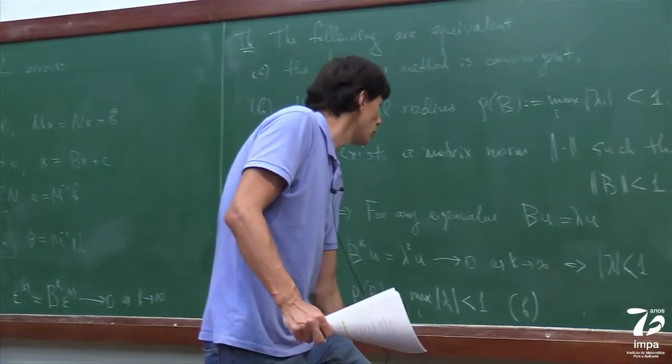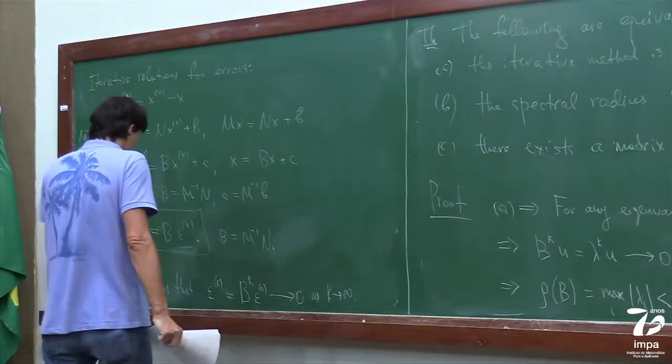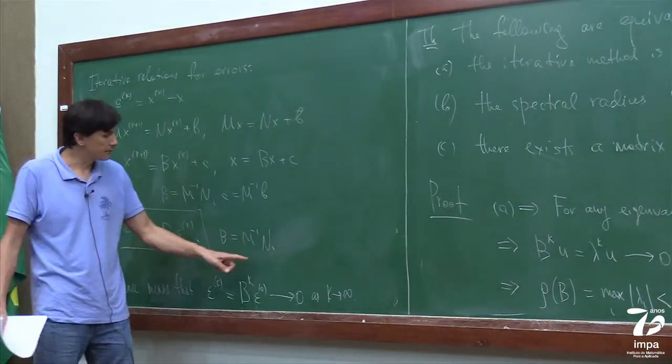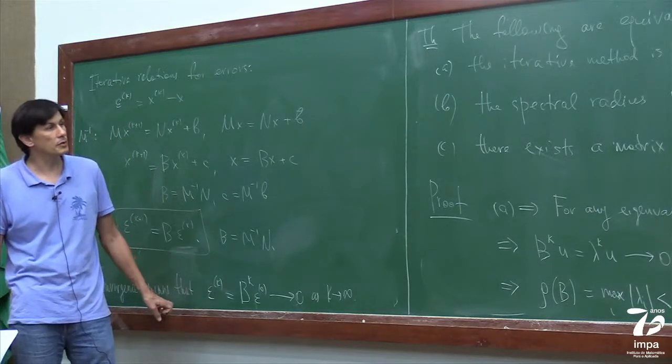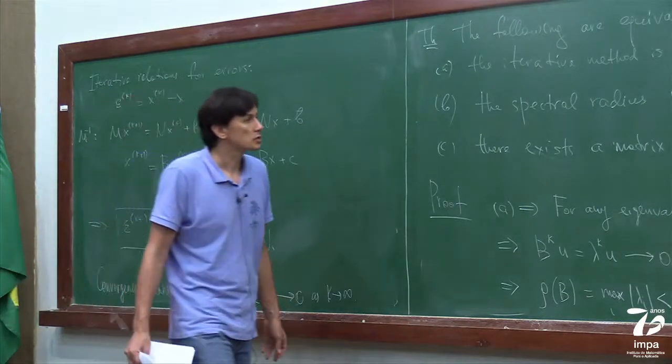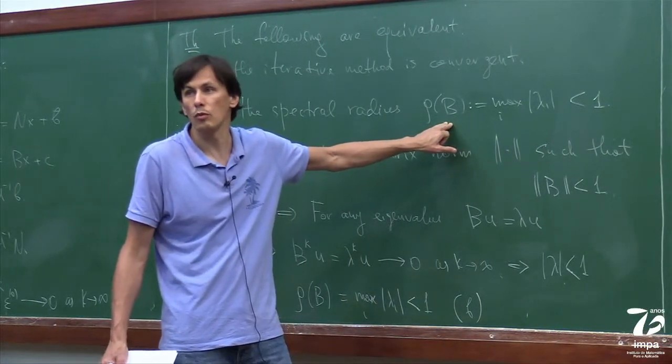And the properties of N should be such that somehow we can control B. Spectral radius smaller than 1 means that B should not be large, B should be somehow small.